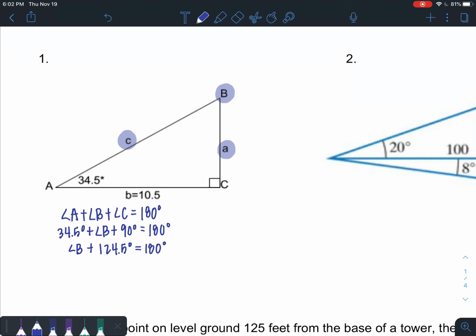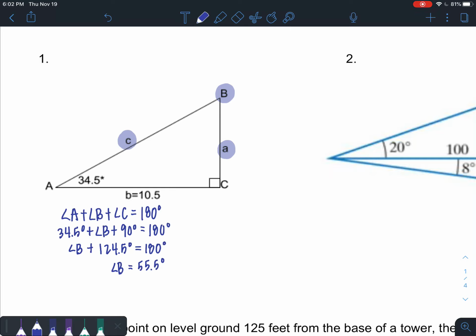Then I subtract 124.5 from both sides and I get angle B is equal to 180 minus 124.5, which gives me 55.5 degrees. Let's check.